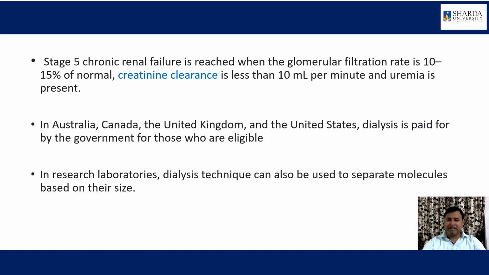In Australia, Canada, the United Kingdom and the United States, dialysis is paid for by the government for eligible people. In research laboratories, dialysis techniques can also be used to separate molecules.